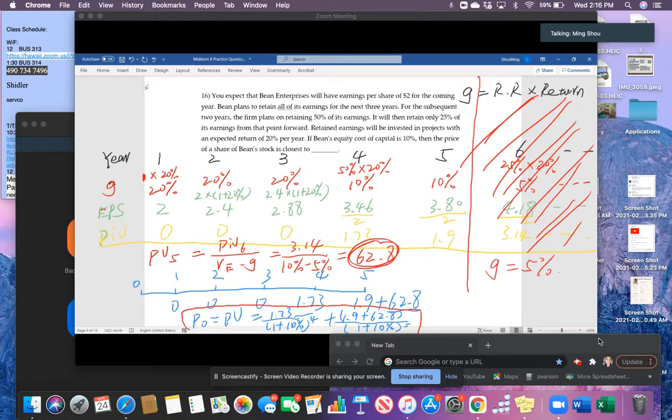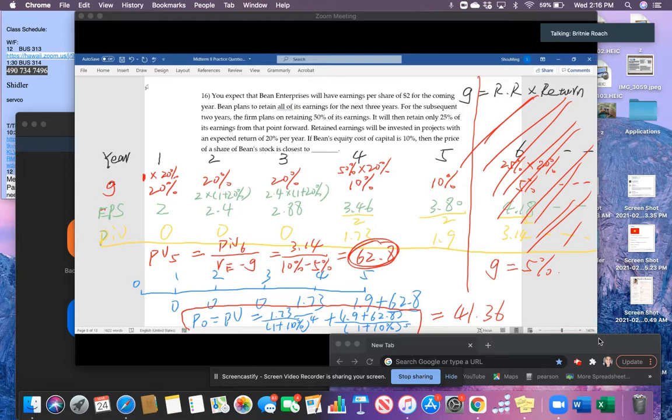So simply calculate this one, and you can find out the stock price actually equals $41.36. Okay? So far, any question?